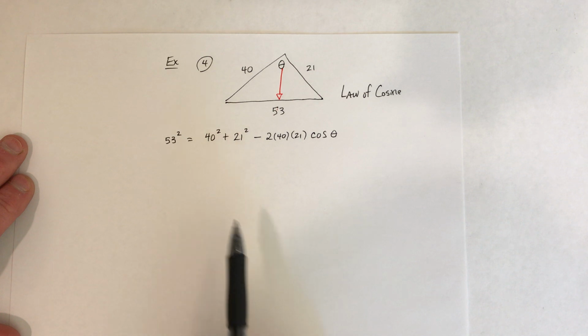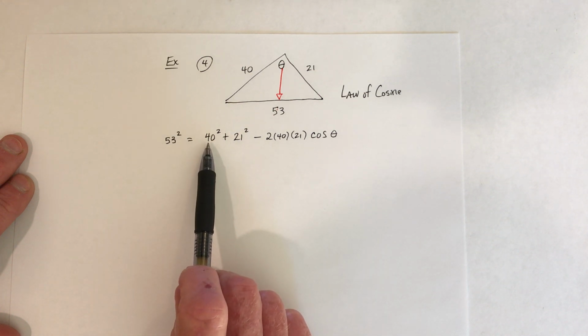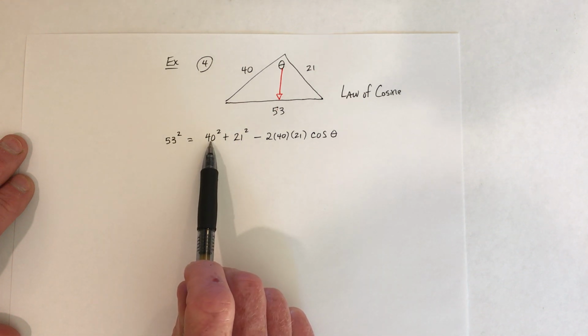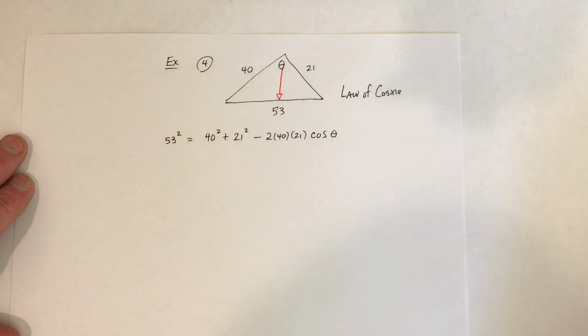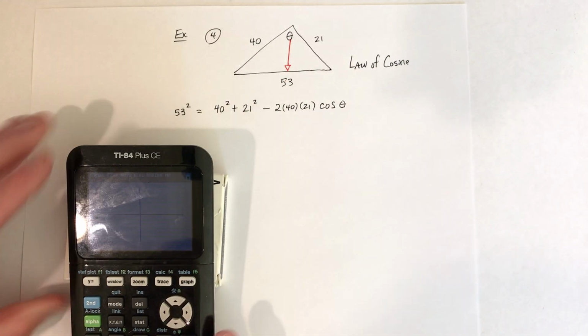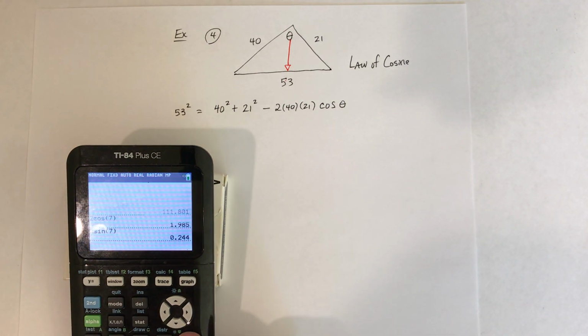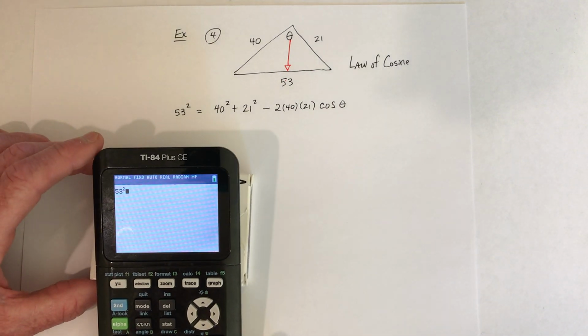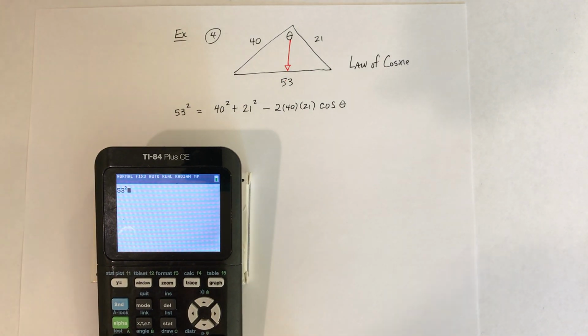Then we need to do the algebra to start solving for cosine of theta. So we'll need to subtract this 40 squared and subtract 21 squared. So there was already a 53 squared on the left side. And then subtract 40 squared and subtract 21 squared. It leaves 768.